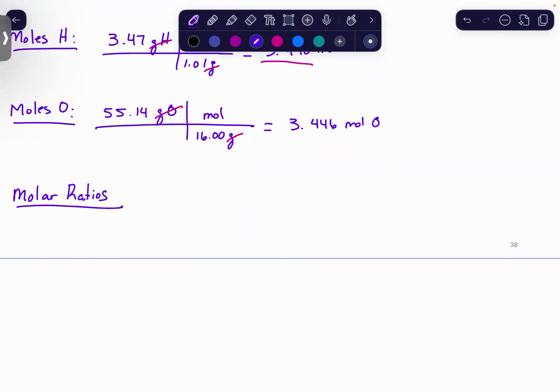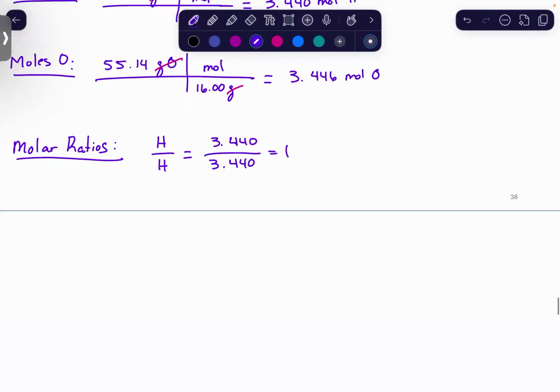Okay, so hydrogen to hydrogen. 3.440 to 3.440. That's going to give us 1. All right. Carbon to hydrogen. That's going to be 3.446 to 3.440. That's going to equal 1.002 or about 1.